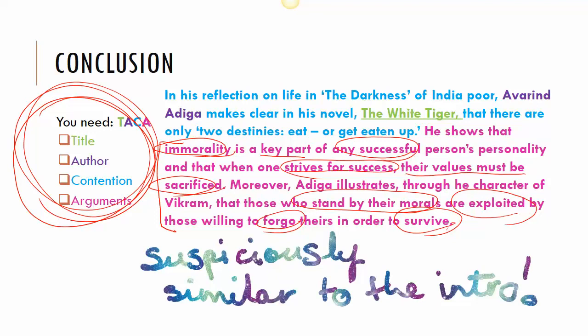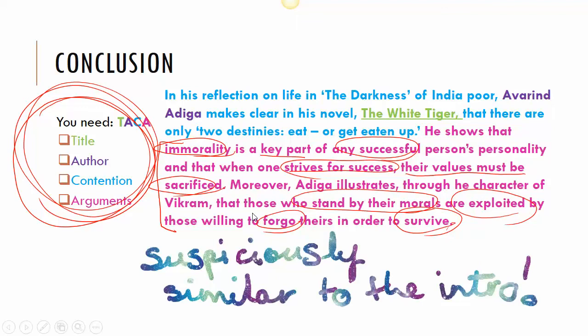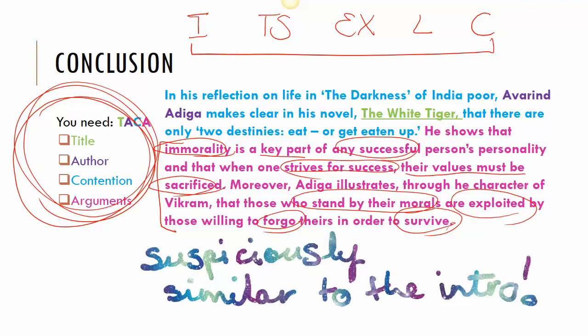Now, just because I love keywords so much and I keep harping about them, just a reminder that every intro, every topic sentence, every explanation, and every link, and every conclusion should all have keywords.